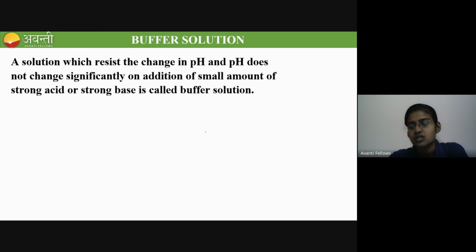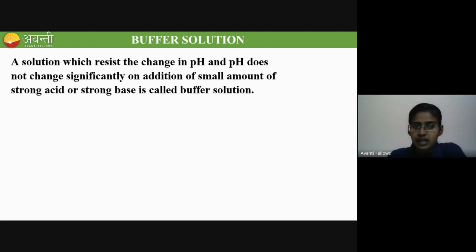So if I try to add an acid to the solution, or a base to that solution, the pH of the solution will still remain the same even after the addition of an acid or a base. Okay, so those solutions are called buffer.